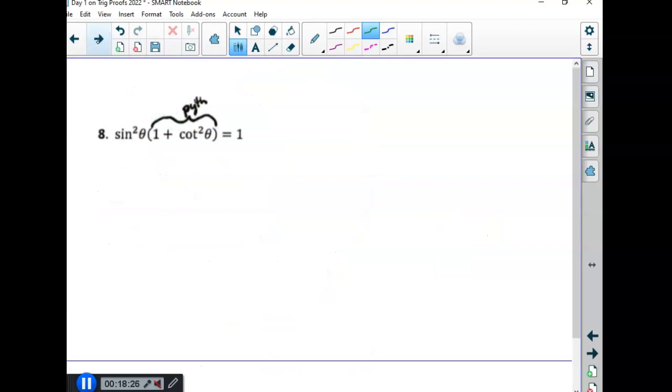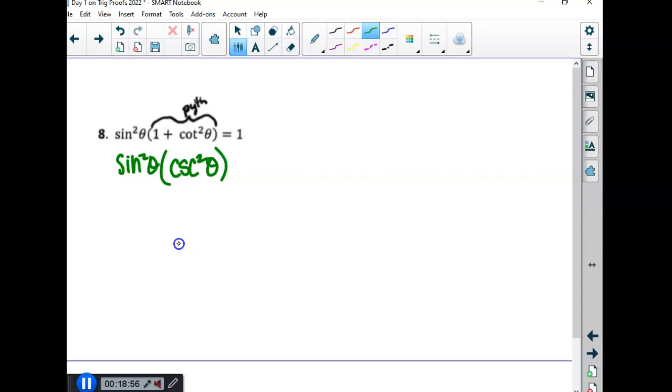All right. Now, some of you are thinking distribute here. I see parentheses, and we could distribute, and we'd get the same answer eventually. But is there a trig we know for 1 plus cotangent squared? Can you look on your sheet? 1 plus cotangent squared is a cosecant squared.